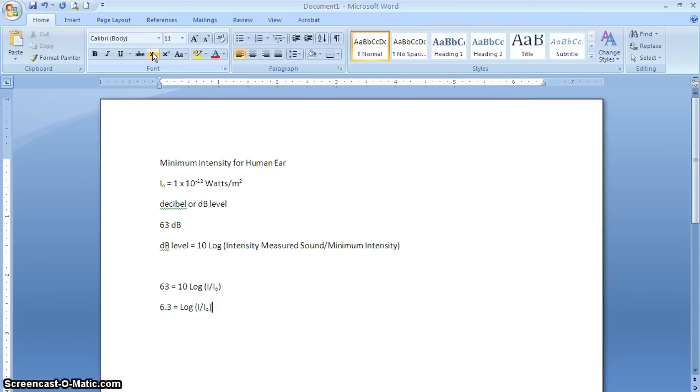If I have 6.3 equals the log of I over I sub O, that maths out to 10 raised to the 6.3 equals I over I sub O.